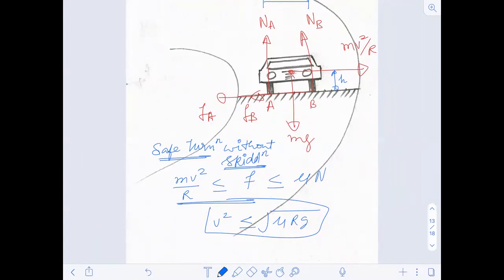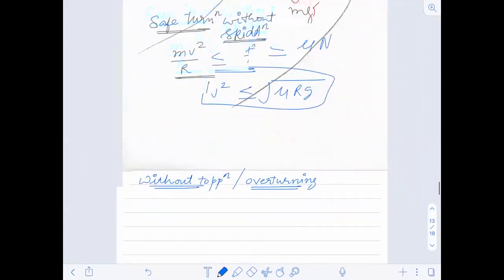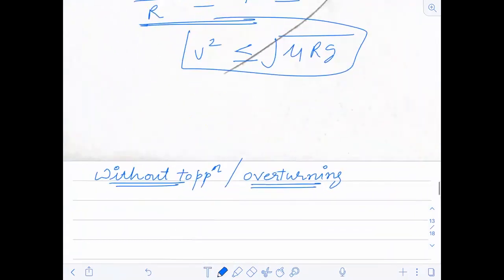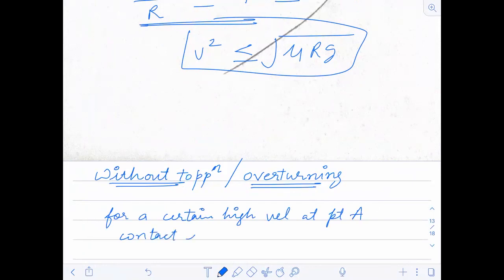So for a particular velocity, for a certain velocity or a high velocity, at point A contact is lost.